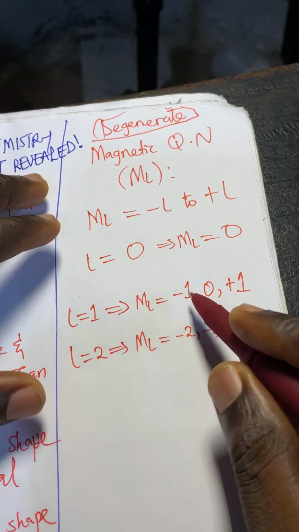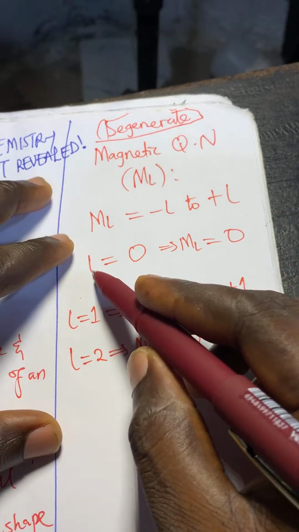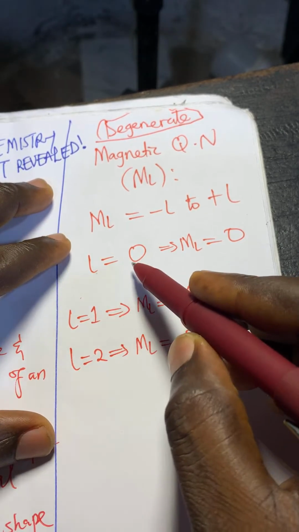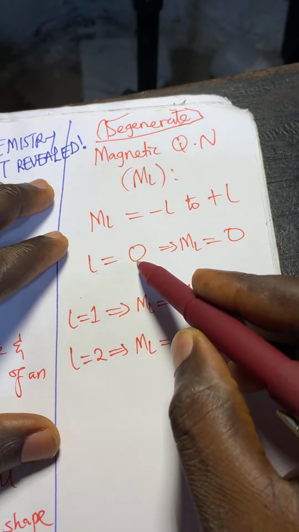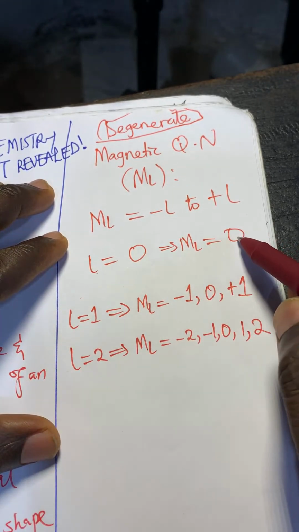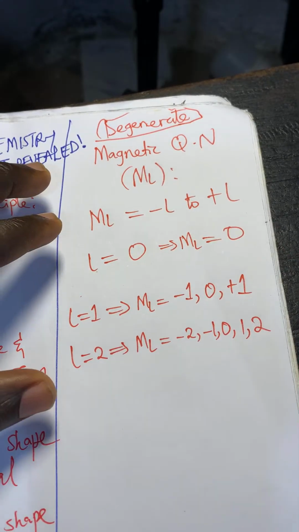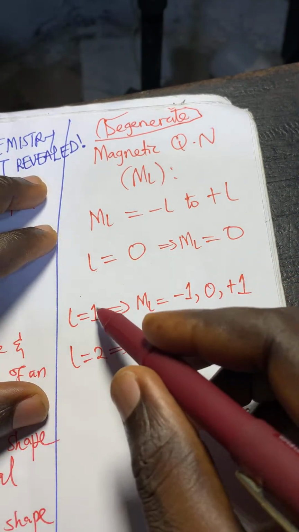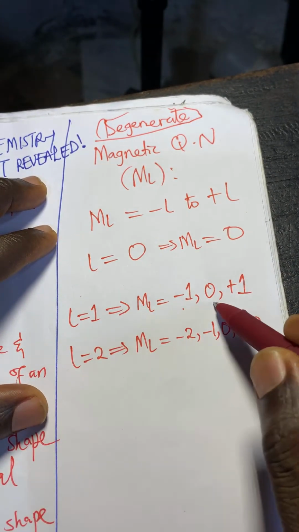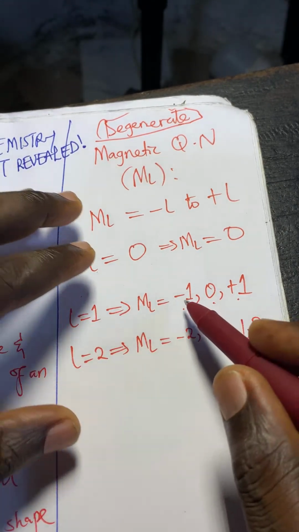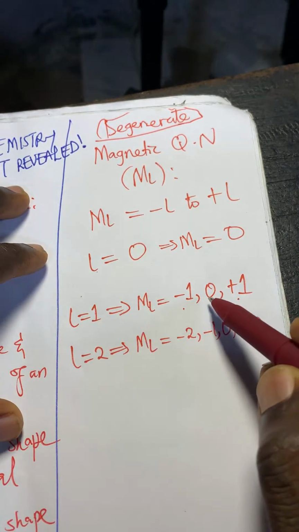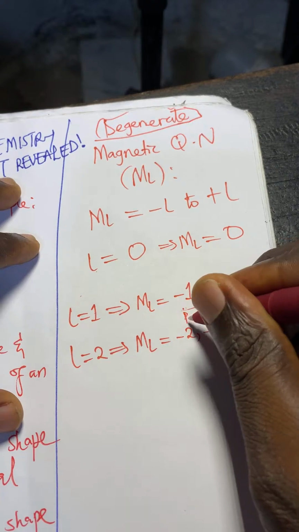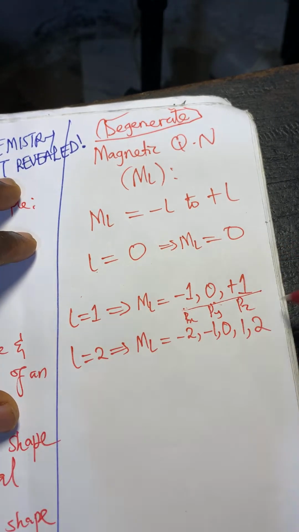Now with this, if they ask you how many subshells the S orbital has, at the value of l equal to 0, we are talking about the S orbital. Since the S orbital has only one column, it has only one subshell. But at the value of l equal to 1, we have minus 1, 0, and plus 1. It means the P orbital has 3 interior compartments, that is 3 subshells: Px, Py, and Pz.